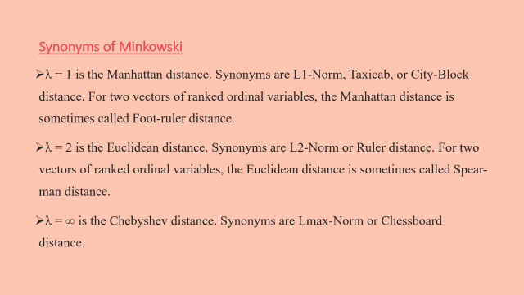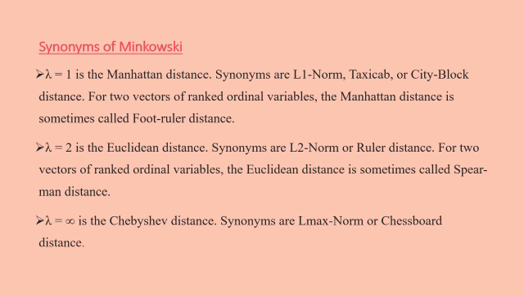Synonyms of Minkowski: different names for the Minkowski distance or Minkowski metric arise from the order. If the lambda value is 1, it is the Manhattan distance. Synonyms are L1 norm, taxicab or city block distance. For two vectors of ranked ordinal variables, the Manhattan distance is sometimes called foot ruler distance.